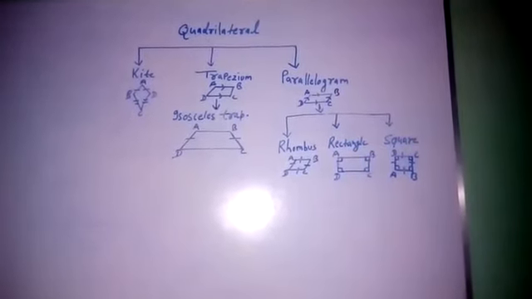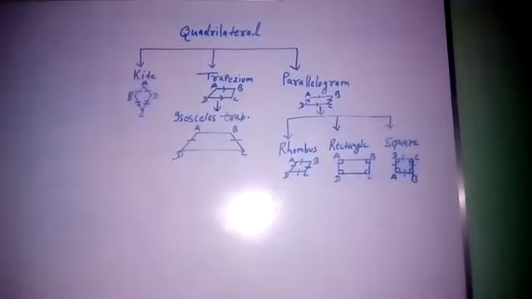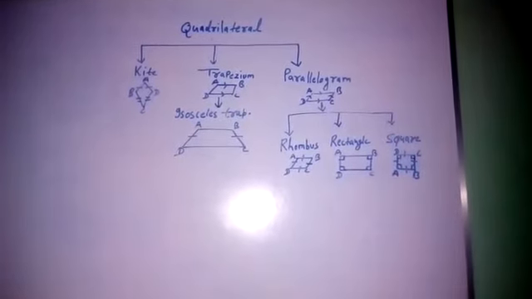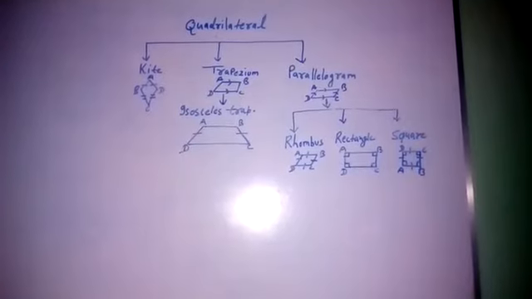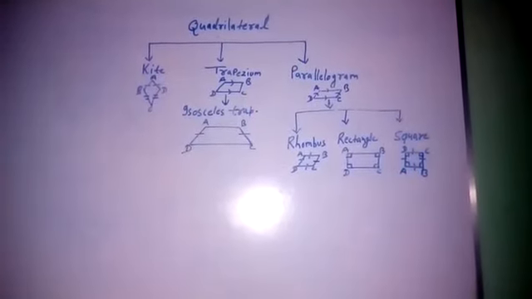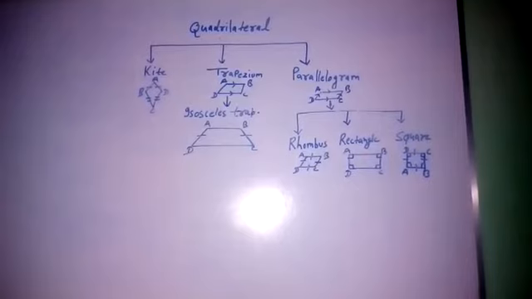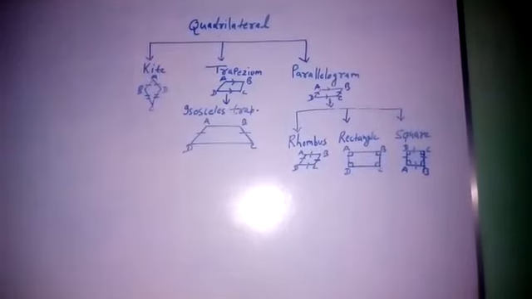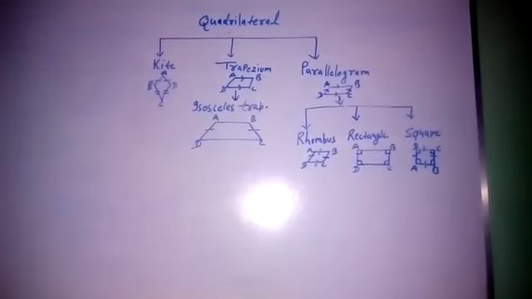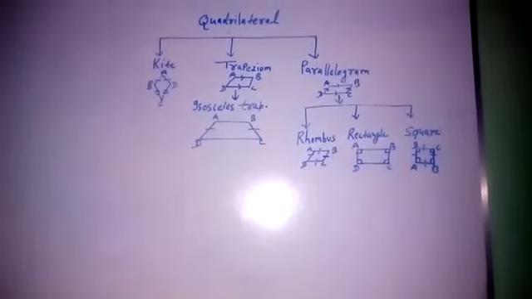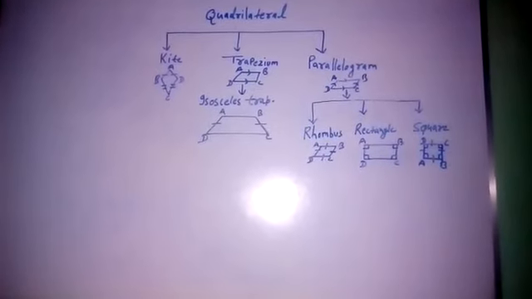So we can easily understand this flowchart which has the parallelogram, which has the quadrilaterals. Understood? So these are the types of the quadrilaterals.